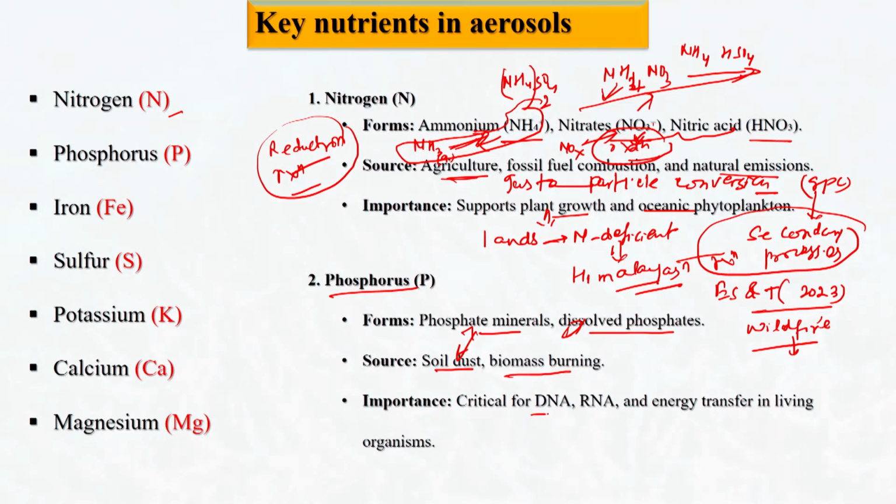They are very important for DNA, RNA and energy transfer in living organisms. So, you can see the importance of phosphorus. Then we have other sources like nitrogen, iron, sulfur, potassium, calcium and magnesium. These are very much needed for this one.